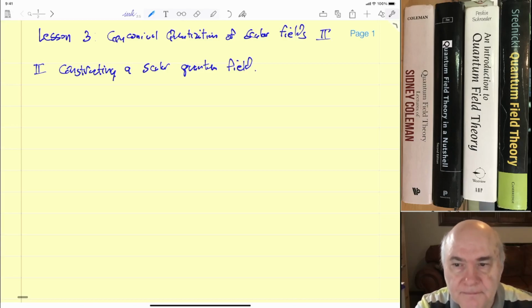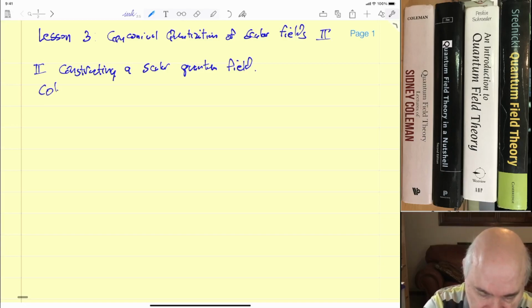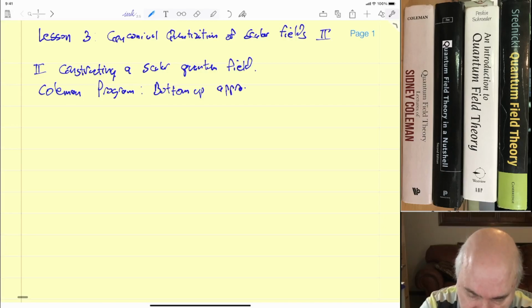So we continue with Sidney Coleman's program, which is, as I mentioned earlier, basically a bottom-up approach. And we're going to construct a quantum field theory.